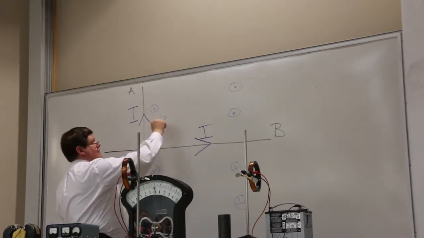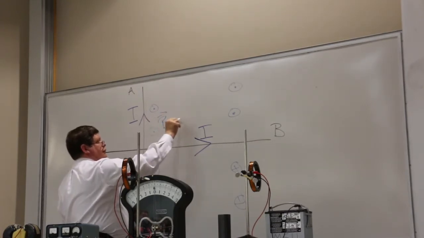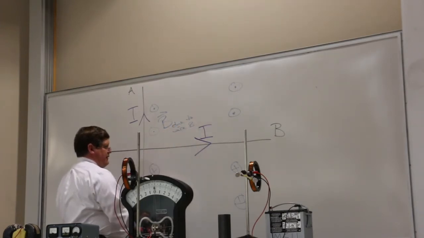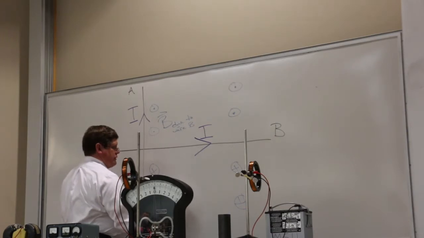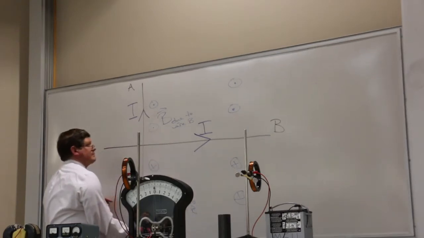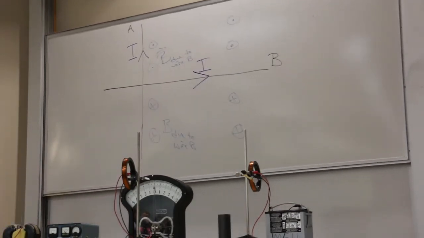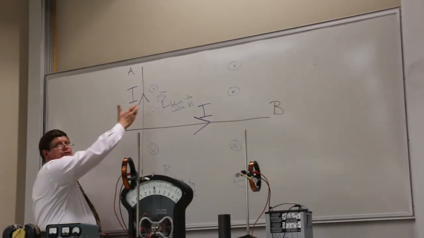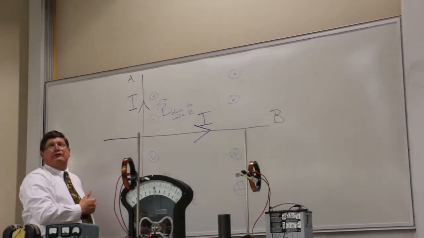So these would be the B field due to wire B. Now that I have the B field that's doing the pushing, I get the push by right-hand rule number 1. Right-hand rule number 1 is the only one that gives me the force, the push. Since the B field is pointing a different direction in these two regions, I'm going to treat the two separately.